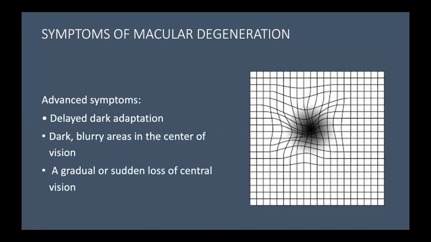And with more advanced symptoms of macular degeneration, patients may experience delayed dark adaptation. So when they step inside from a bright sunny day into a dimly lit room, they may find that they can't see anything.